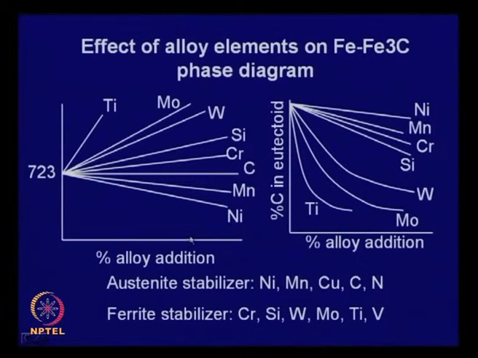Similarly, these alloy additions also alter the carbon content of the eutectoid structure, which is shown here, percentage carbon in eutectoid steel. If you add alloy, it goes down irrespective of whether it is an austenite stabilizer or a ferrite stabilizer. As you increase these alloy elements, the eutectoid composition shifts.